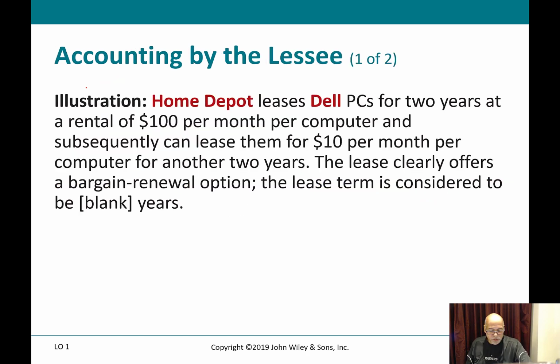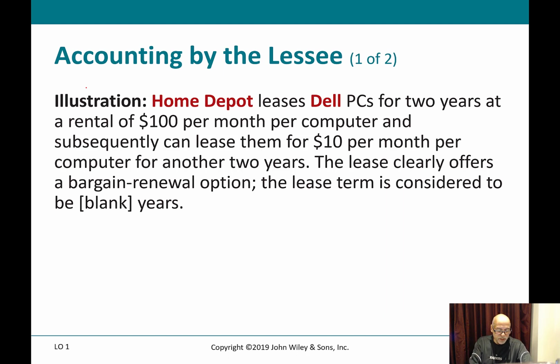Okay, good. So this one is going to help us understand a little bit better how a bargain extension option on the lease would affect the term of the lease. So we have this: Home Depot leases Dell PCs for 2 years at a rental of $100 per month per computer, and subsequently can lease them for $10 per month per computer for another 2 years.